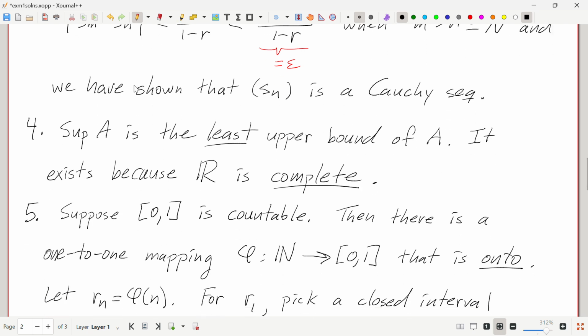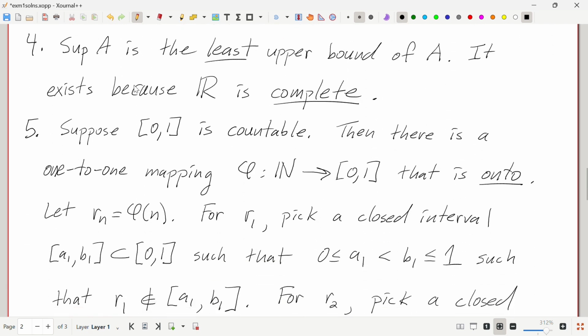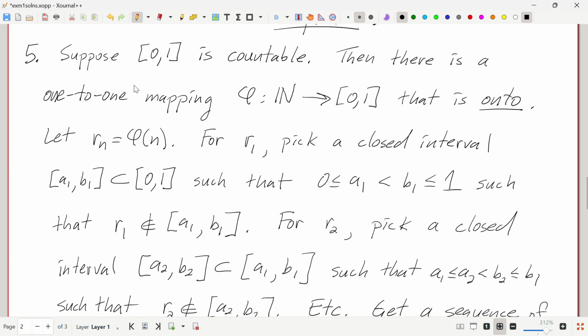And 5 was just to recount the famous proof. I mentioned that this was a possible thing in the practice problems. The famous Cantor's proof was, if that was a countable set, there'd be a one-to-one onto mapping of the natural numbers to the interval 0 to 1.